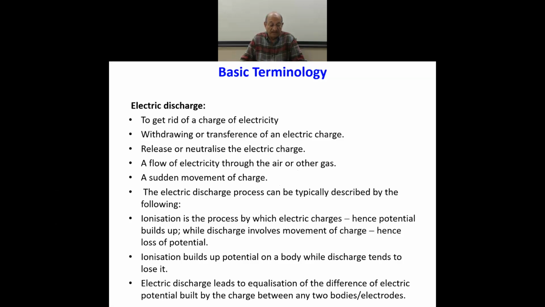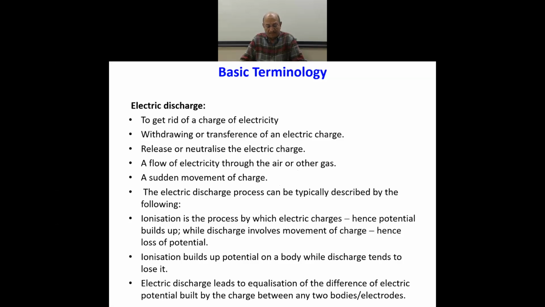Ionization is the process by which electric charge, hence potential, builds up, while discharge involves movement of charge, hence loss of potential. Ionization builds up potential on a body, while discharge tends to lose it.